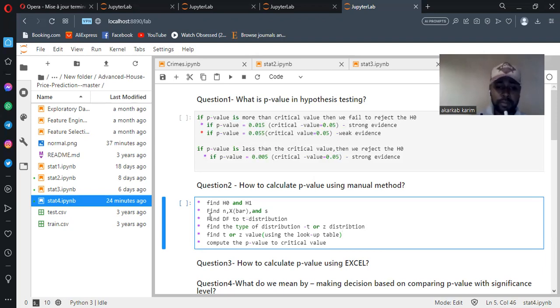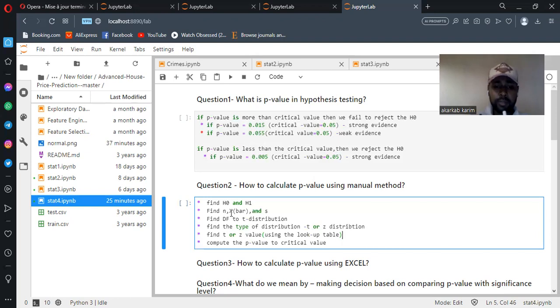The second step here in this algorithm is to find n. N, I mean the number of elements we have in the sample. Because here, when we're talking about h0, h1, we mean about that sample. We're working with inferential statistics, not the population. Okay, for that reason we need to determine the value of n, the number of elements we have in the sample.